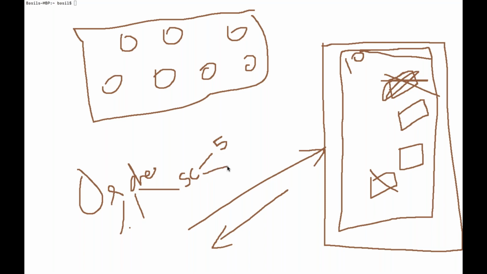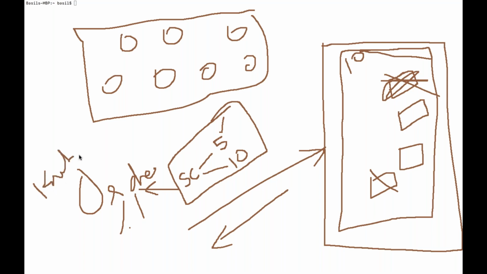If more load is coming, I need to increase the number to 10. If the load is back to normal, again it will go back to 5. So I define something like that. I define a service called shopping cart, telling this orchestration tool. Kubernetes is an example of an orchestration tool.